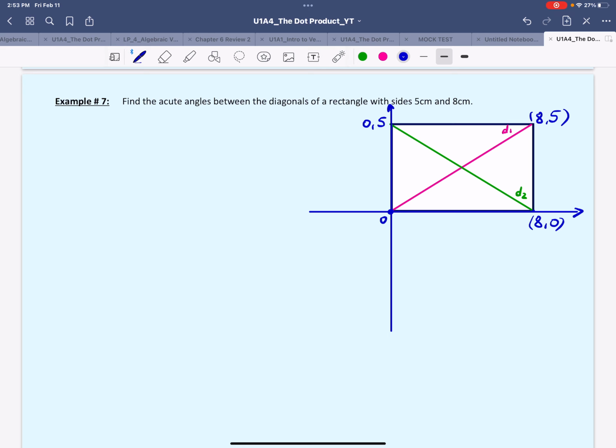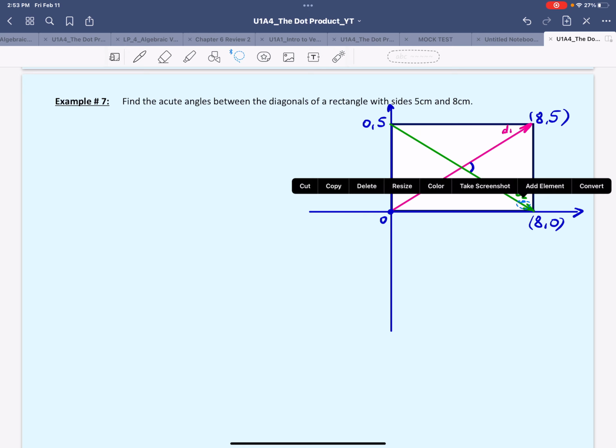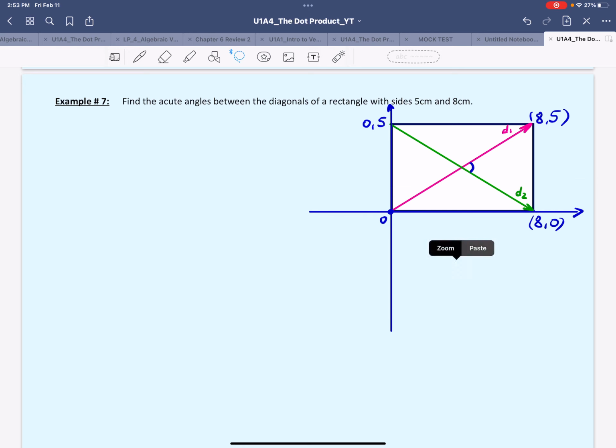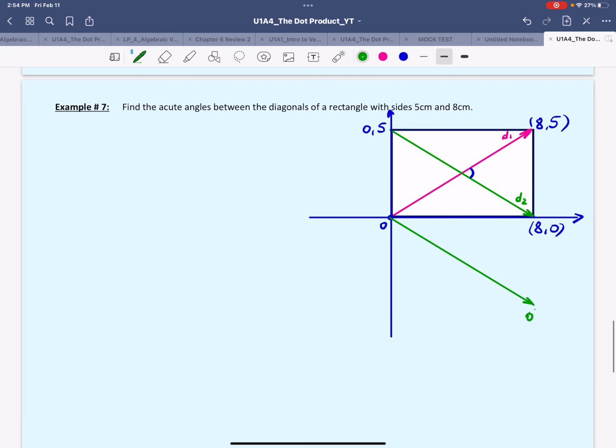Now, the acute angle between the diagonals will be this angle here. And I am going to give the diagonals a direction. So here's the diagonal D1, and this one is D2. To find the angle between the diagonals, I'm going to place them tail to tail. So here we go. I am going to bring the diagonal D2 with the tail at the origin.